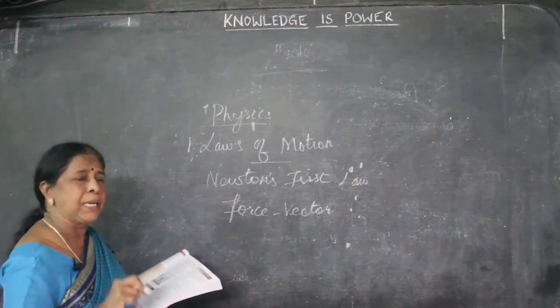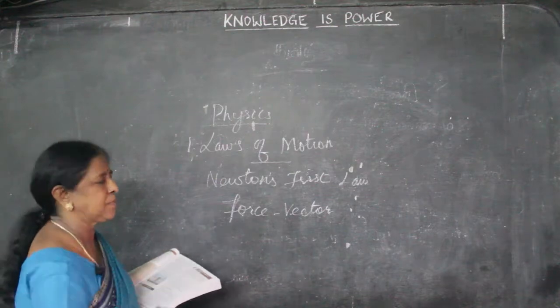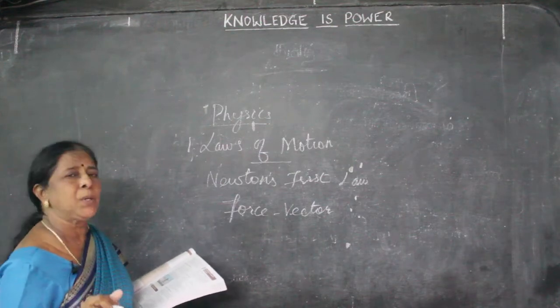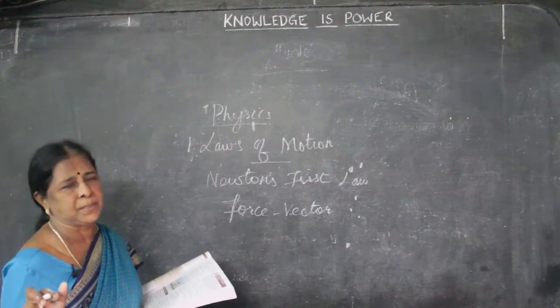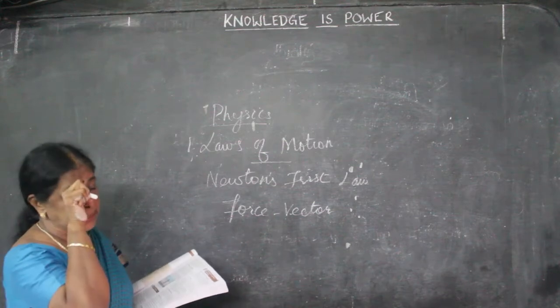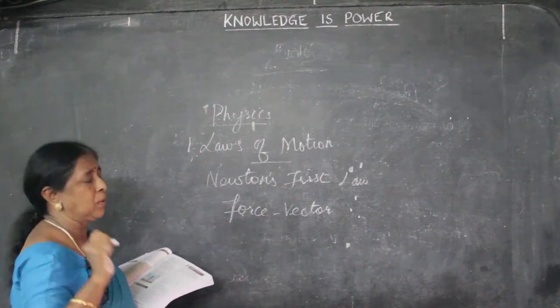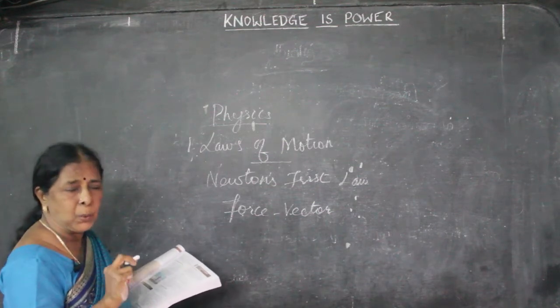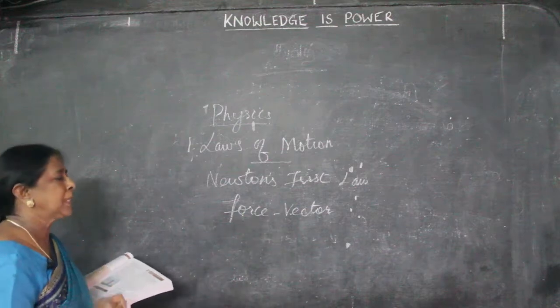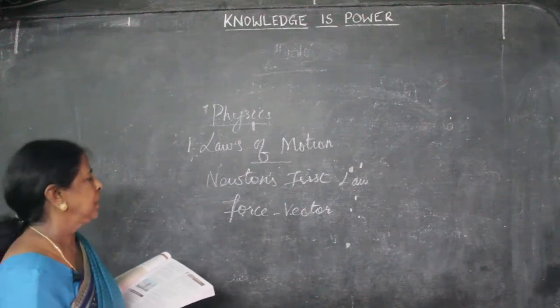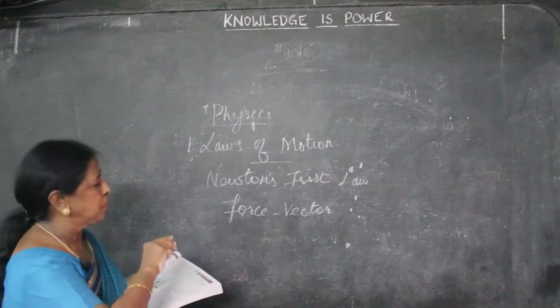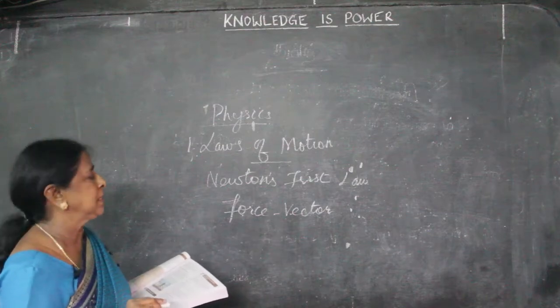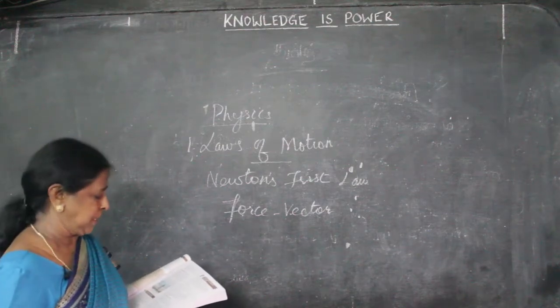Scalar quantity has only magnitude, there is no direction. We would have studied this in the lower classes, 6th, 7th and so on; just recall it. Magnitude alone is a scalar quantity. Magnitude and direction together is known as a vector. Force has both mass as well as velocity direction, so it is a vector quantity.